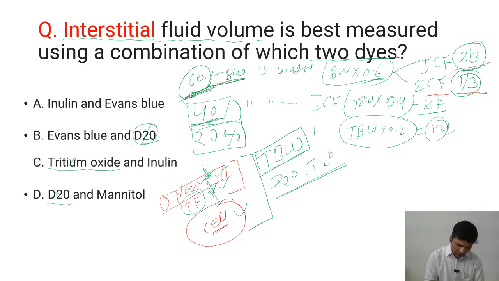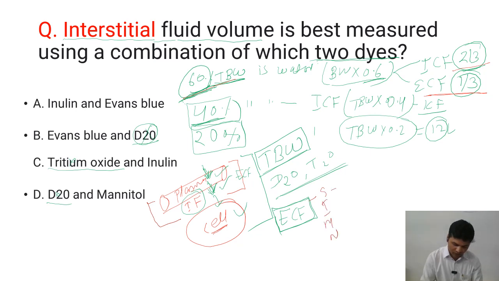Then extracellular fluid, ECF. What are the different types of dye we can use for extracellular fluid? Where is the extracellular fluid? The plasma plus interstitial fluid is called extracellular fluid. So for extracellular fluid we can remember SIMN.